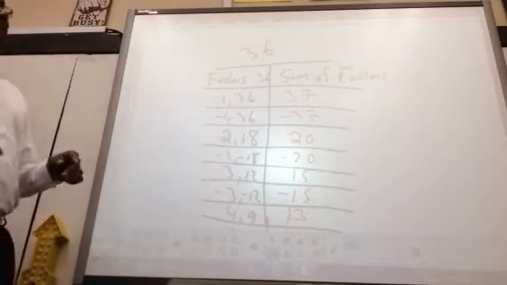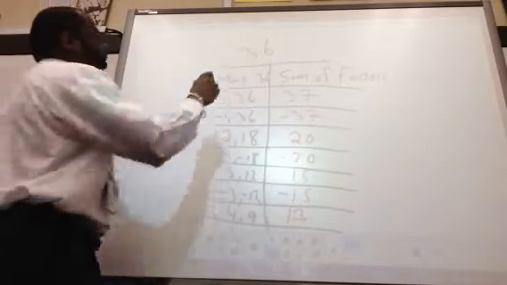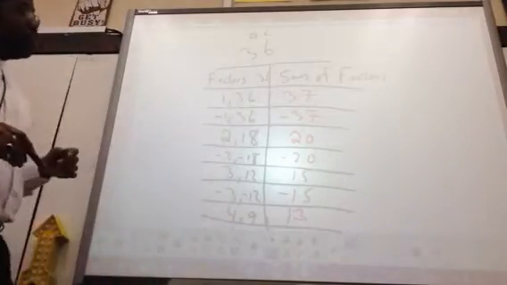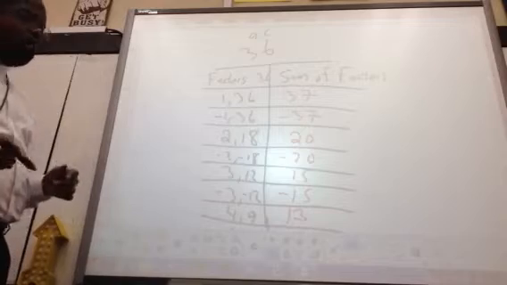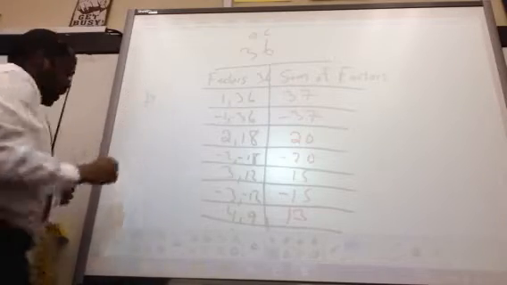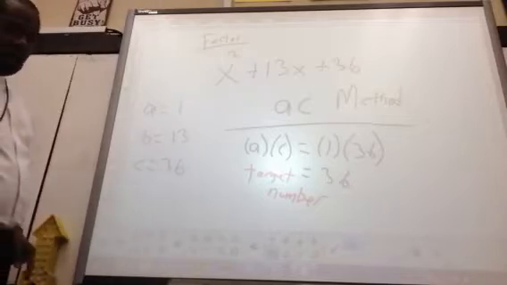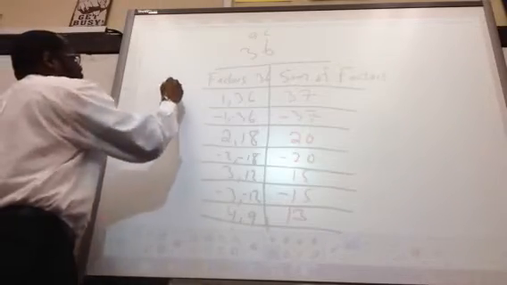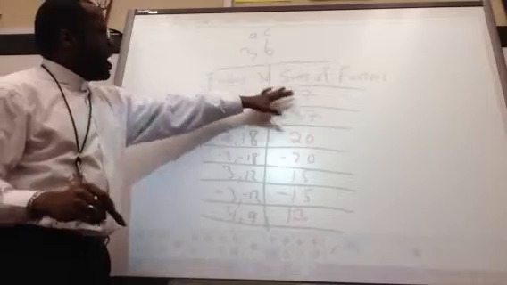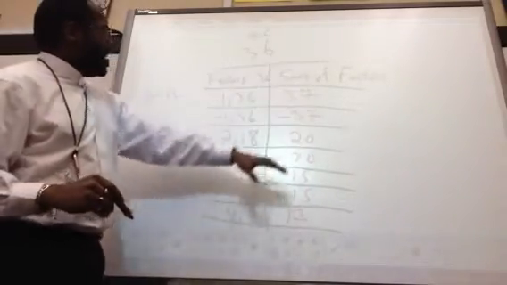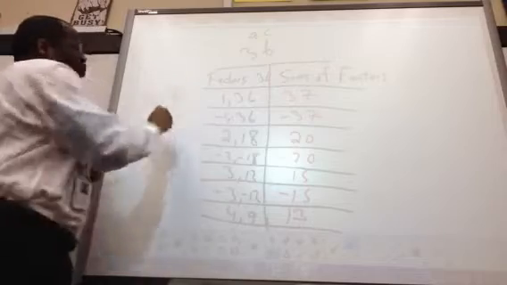Now, let's recap. We got the 36 from multiplying A and C together. Now, notice, we have not dealt at all with B. Now, let's ask the question, what was B? B was 13. Now, which pair of factors add together to give you the value of b? b is 13.